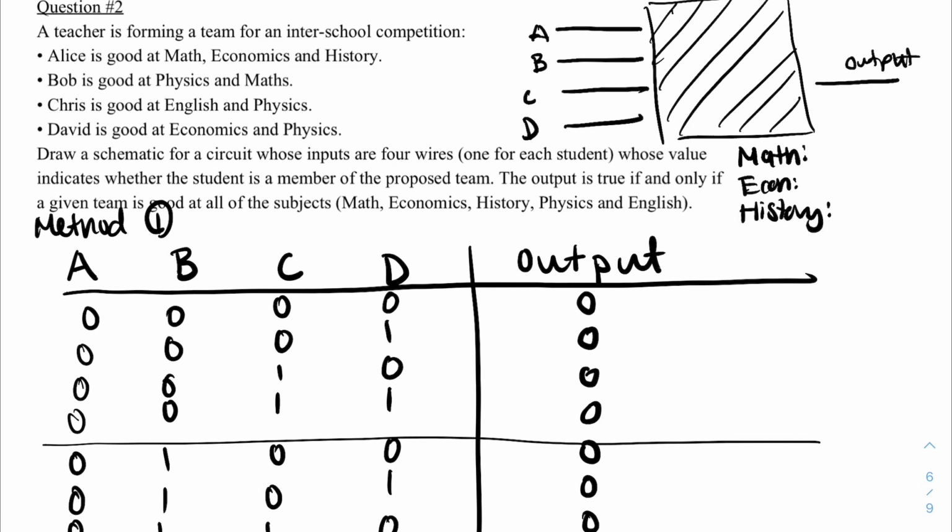So, just writing math, econ, history, English, and physics, which are the 5 subjects given in the problem, and going through each of them. So for example, with math, we see that Alice and Bob are good at math, econ, just Alice and David, history is only Alice, English is only Chris, and physics is Bob, Chris, and David.